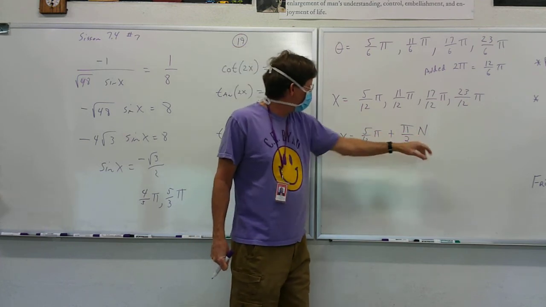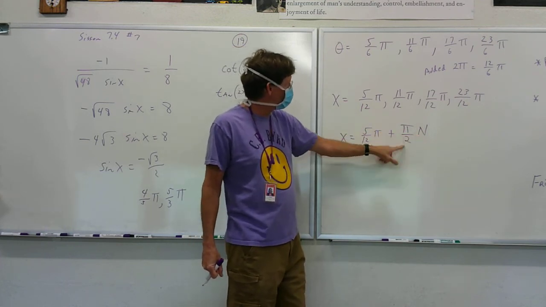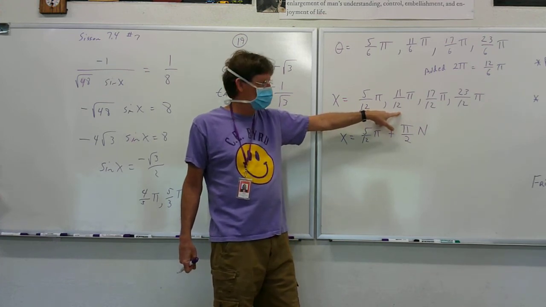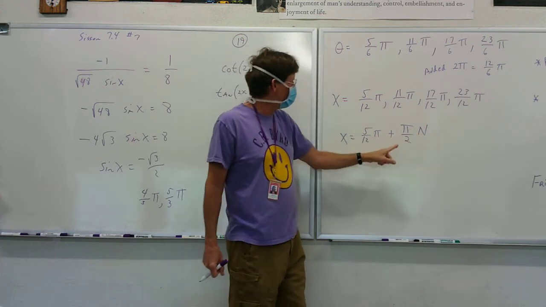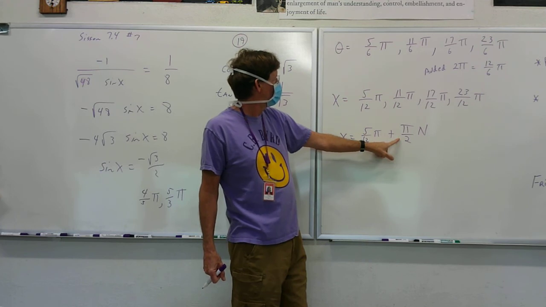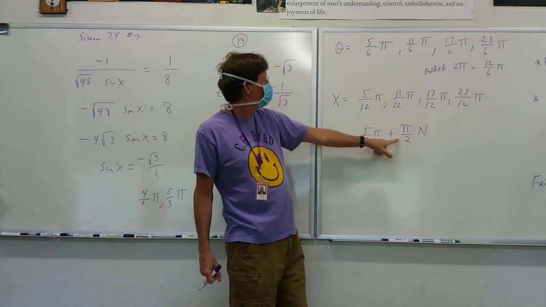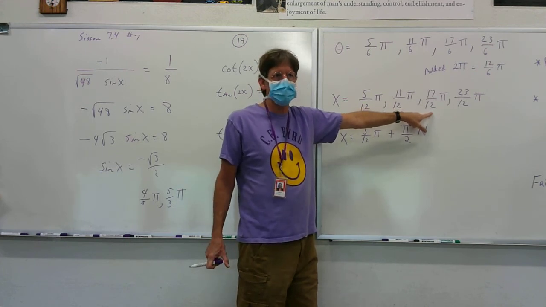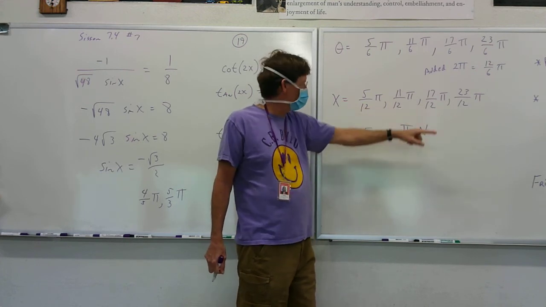If you put a 1 there, you're going to get 5/12 plus 6/12, which is what? 11/12. If you put a 2 there, you're going to get 5/12 plus pi, which is 17/12. I tried to do a fraction in my head, probably shouldn't have.